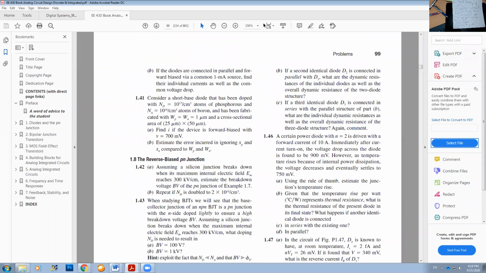Okay, part B says: if the diodes are connected in parallel and forward biased by a common 1 milliamp source, find their individual currents as well as the common voltage drop.